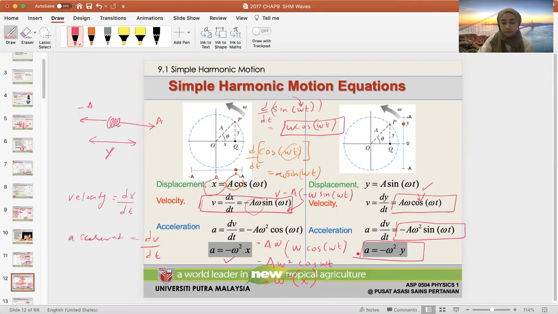Doktor, contohnya kan dia negatif omega squared x. Let's say kalau x dia tu negatif, and then negatif positif. So which means untuk acceleration dia anti-clockwise lah kan. Dia tak effect sign. Itu dalam rotation, how do I say this?